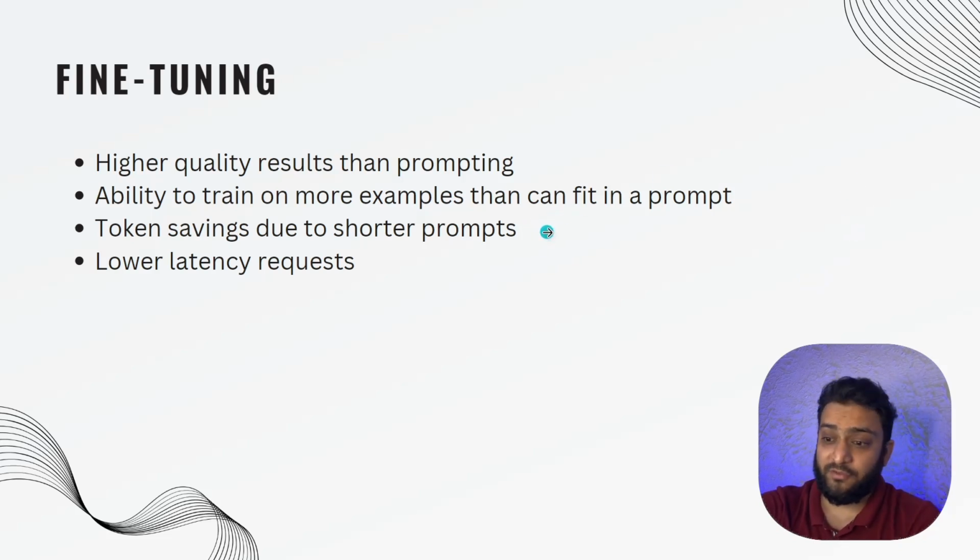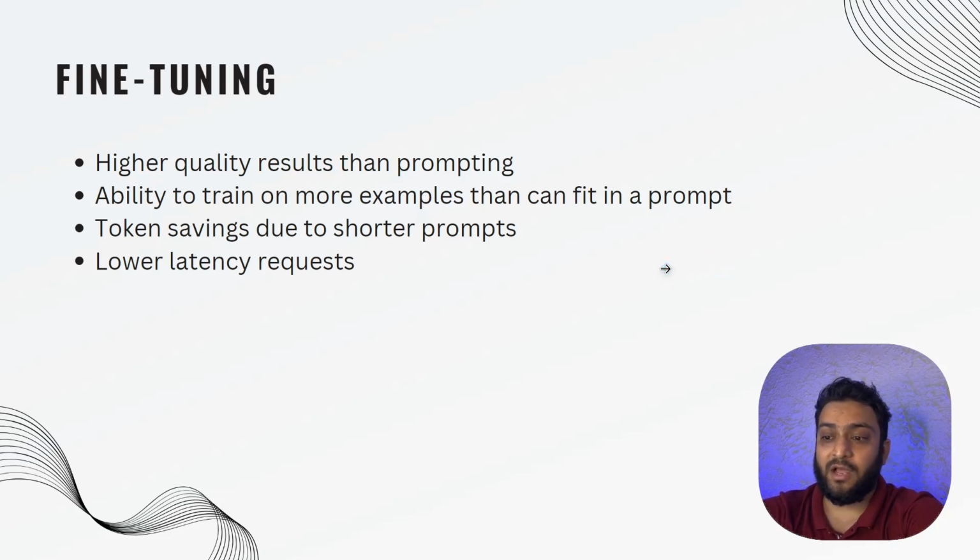Other than this, if you keep giving, let's say, longer prompts, you would be incurring a lot of cost. The reason being you're using a lot of tokens that are taking a chunk of the context window, and in that case you would be charged high. So if you have a fine-tuned model, you can give smaller prompts, and that way you could have much better results with lower cost as well.